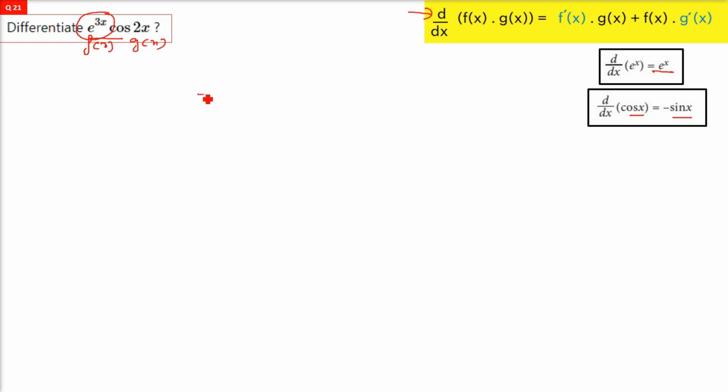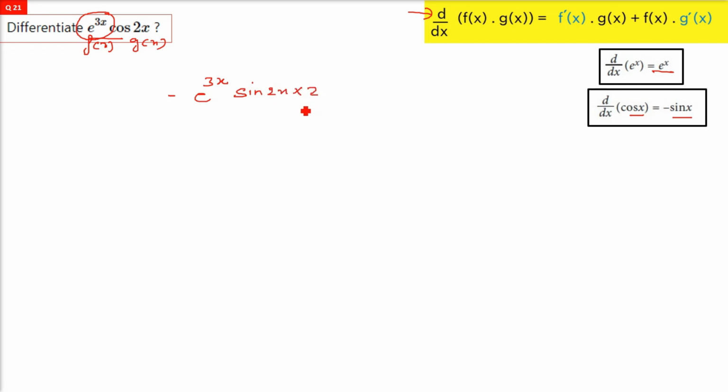So one is f(x), one is g(x). f(x) will be e to the power 3x, and d by dx of cos 2x, since cos theta gives minus sin theta, you have minus sin 2x. Now you have to differentiate 2x also. You cannot leave 2x. Differentiation of 2x is 2.